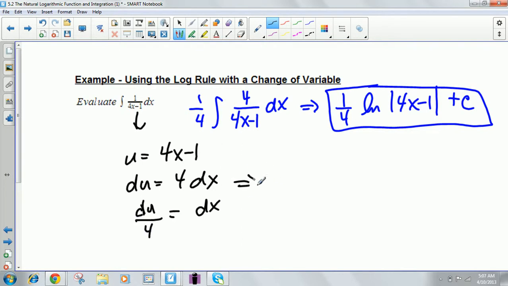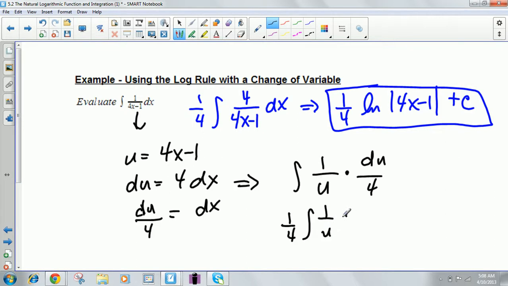If we were to rewrite that integral, it would be the integral of 1 over u times, replacing the dx with du over 4, and that, as you can see, is where the 1/4 comes from. The integral of 1 over u is just a natural log, so you'd have 1/4 times the natural log of u, and the u is 4x minus 1, so it's the natural log of 4x minus 1 plus c. Get the same thing.